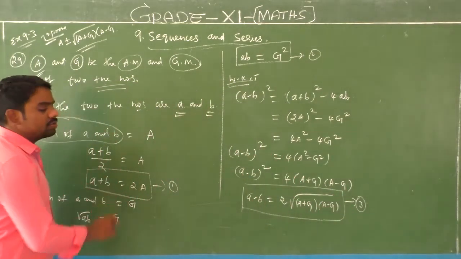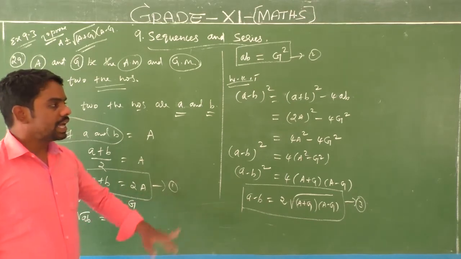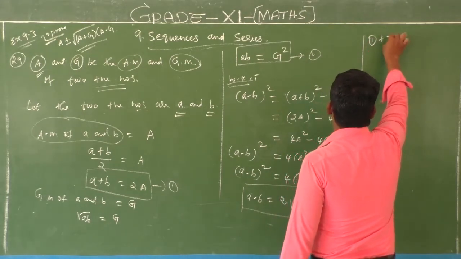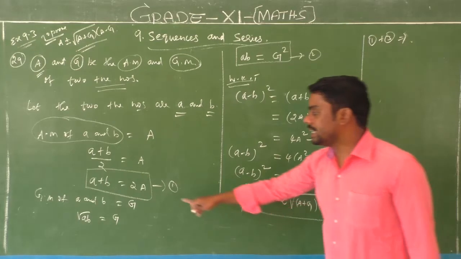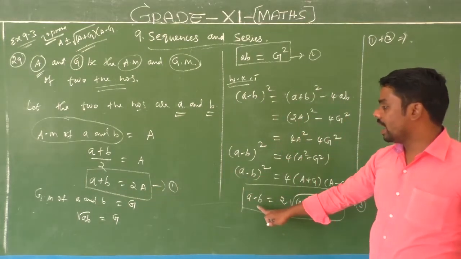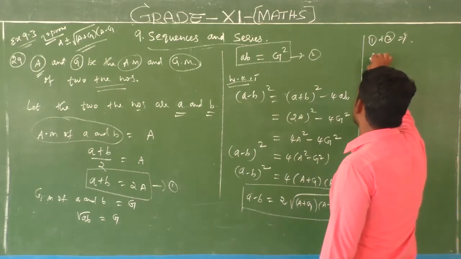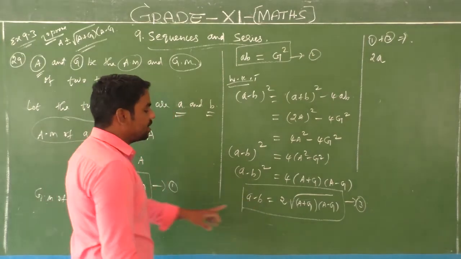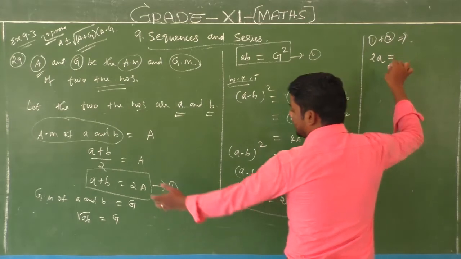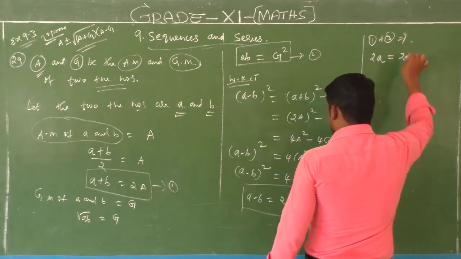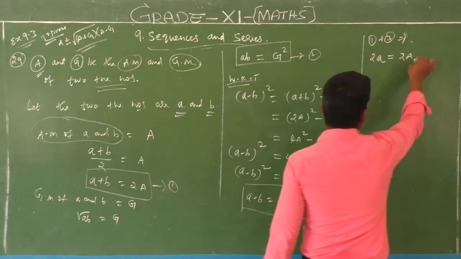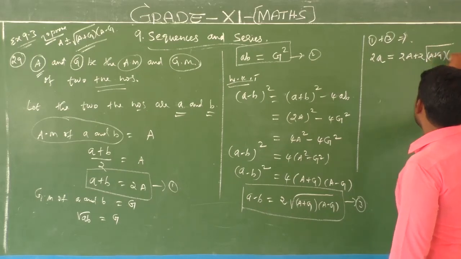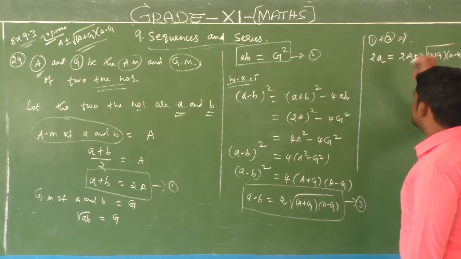Adding 1 and 3: a plus b plus a minus b, where plus b and minus b cancel, gives 2a. The right-hand side is 2A plus 2 into root of (A plus G) into (A minus G).